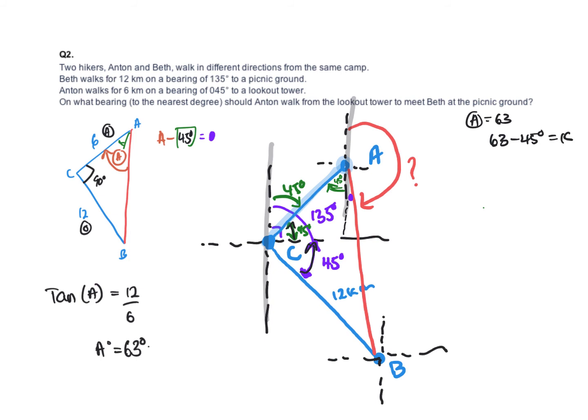So I know that this purple dot is 18. Therefore the bearing is going to be, it's not quite 180, it's 180 minus that 18. So it's going to be 162 degrees true. And that's how we find that one.